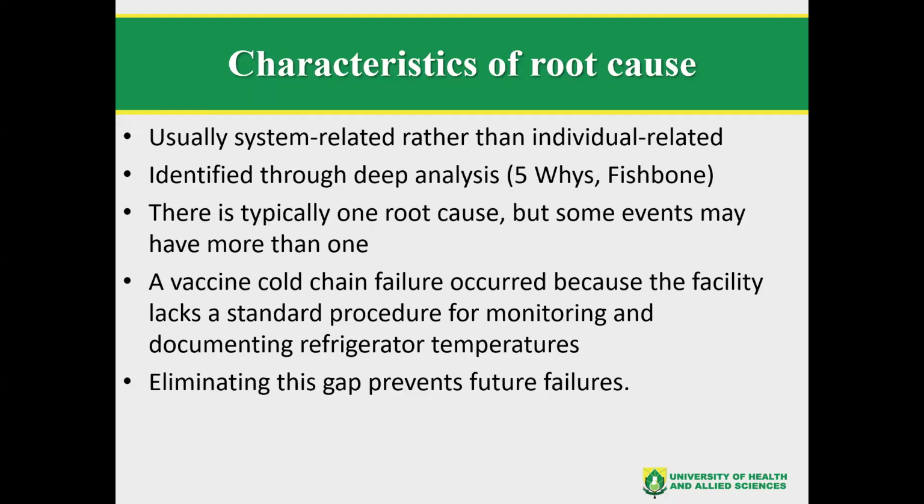So for example, a vaccine cold chain failure occurred because the facility lacks a standard procedure for monitoring and documenting refrigerator temperature. Once we are talking about cold chain, you are looking at maintaining the temperature of the vaccines. At the facility level, they're supposed to monitor the temperature of the vaccines morning and evening.